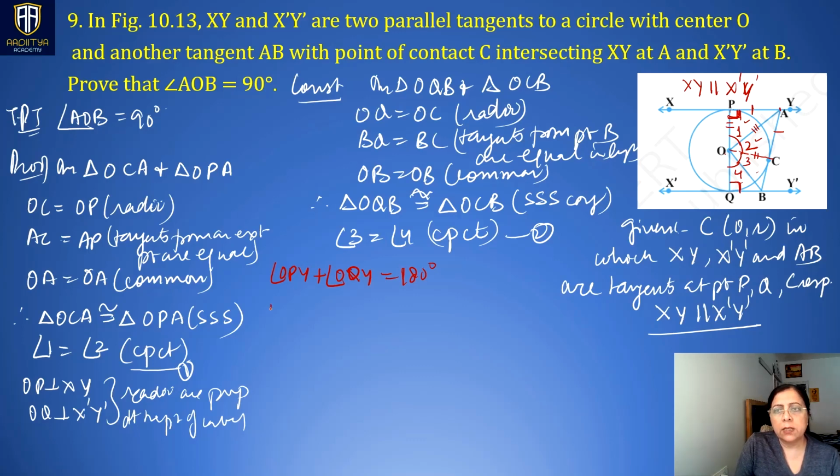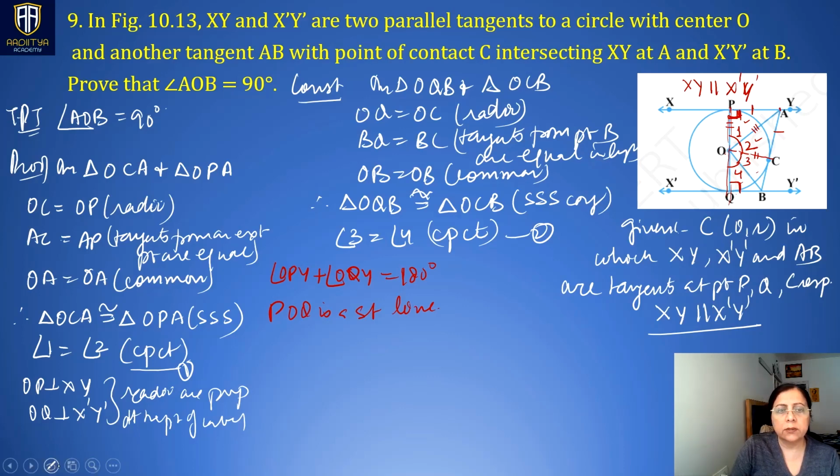That means POQ is a straight line, because XY and X'Y' are two parallel tangents, with these two angles at the opposite ends and a common line joining them. So PQ becomes a straight line.